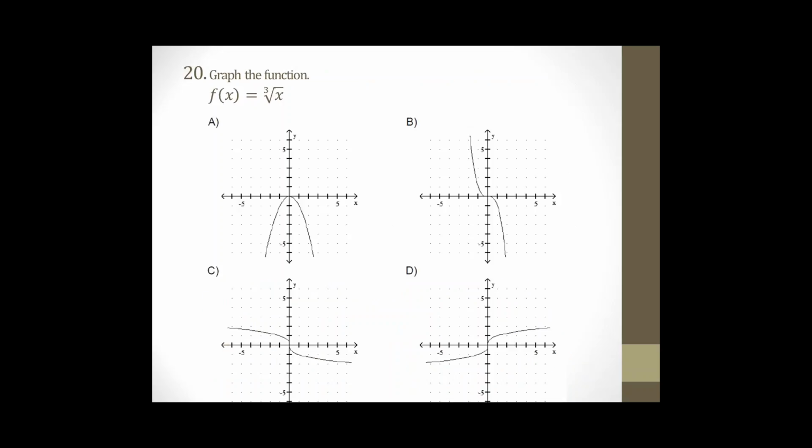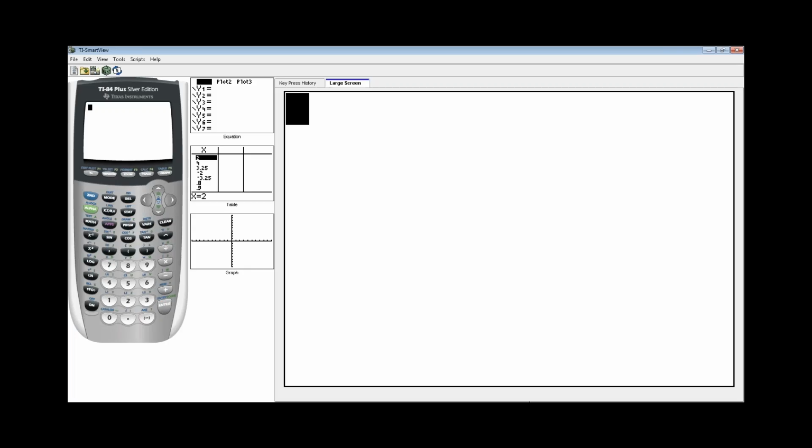Okay, then number 20. Graph the function. Let's practice using the graphing calculator, and then I'll show you how you could sketch it without the graphing calculator. If you want to put this in the graphing calculator, we're going to go to Y equals.